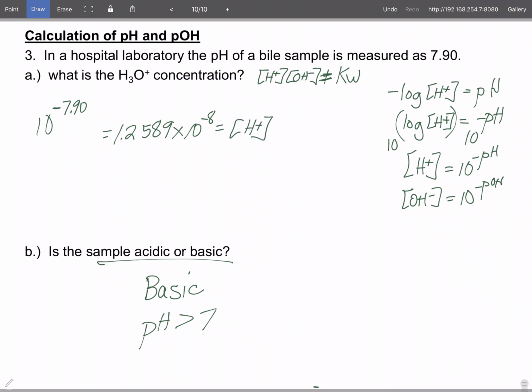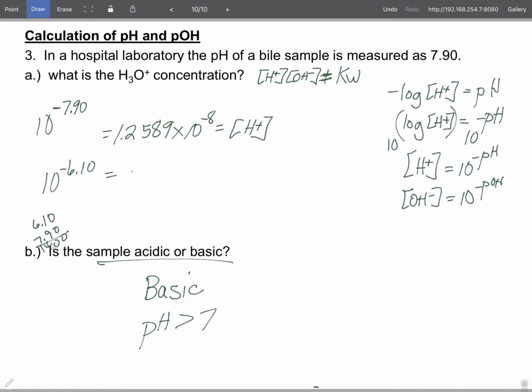Now, for sure entertainment value or annoyance, whatever, if you have 6.1, 10 to the negative 6.1. Let me double check this because right now I'm coming off an exam. 13, so that'd be right.